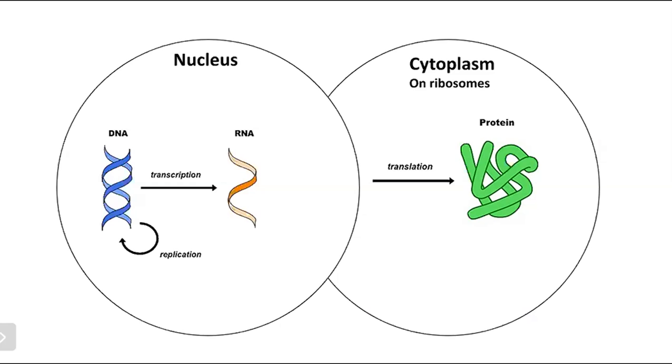Now in prokaryotes, because the nucleus is not there, the RNA which is formed comes directly into the cytoplasm. So translation starts simultaneously. In prokaryotes, it's more like simultaneous transcription and translation. There is no time in between these two processes.